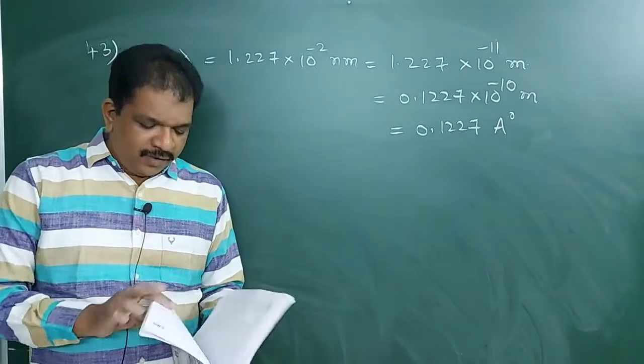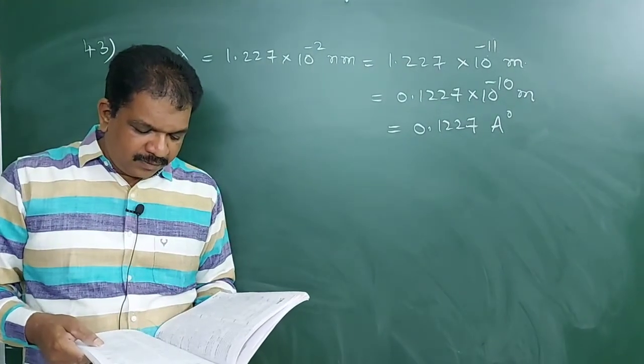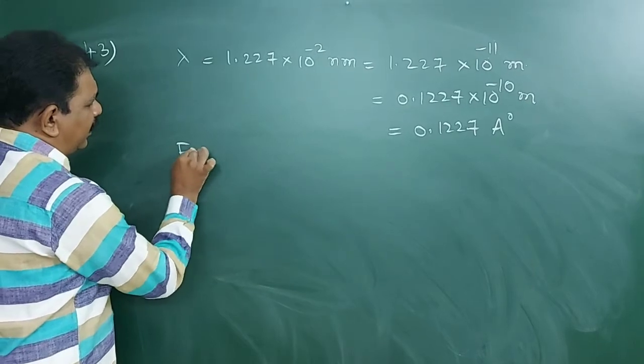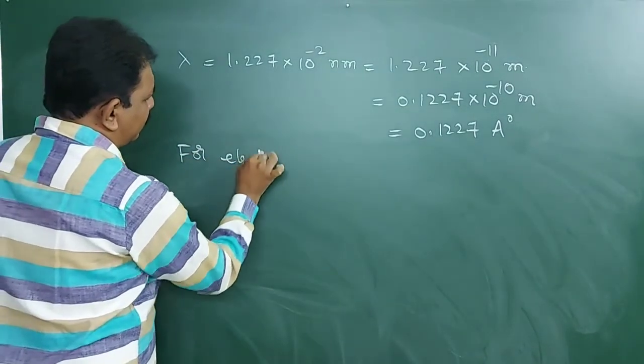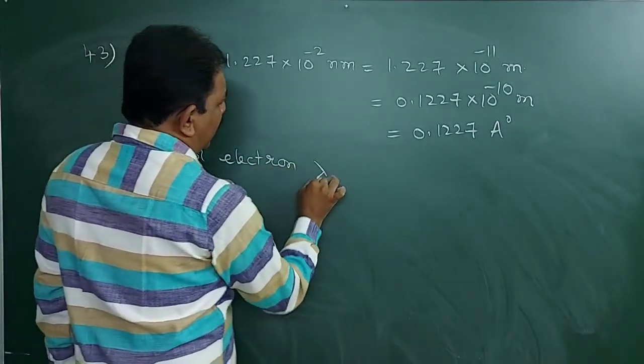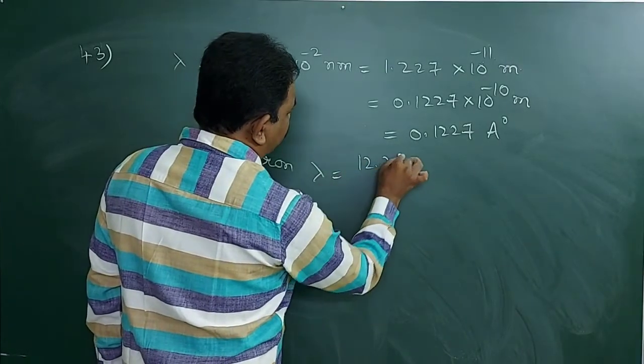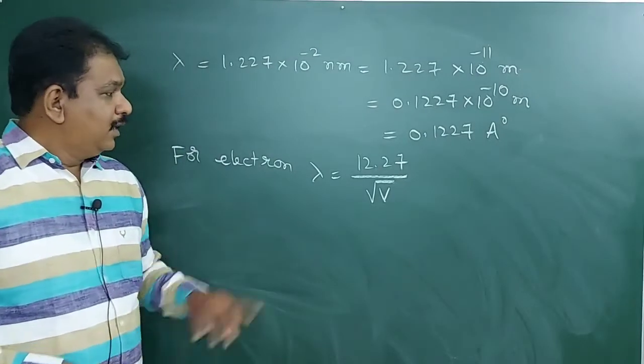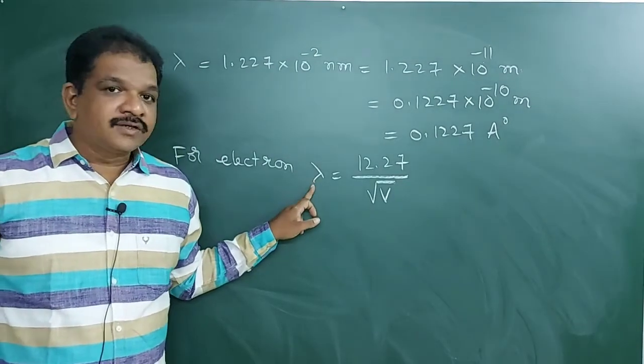The wavelength is given, and they are asking the potential difference for the electron. Lambda is equal to 12.27 by root V, where lambda will be in angstrom units.